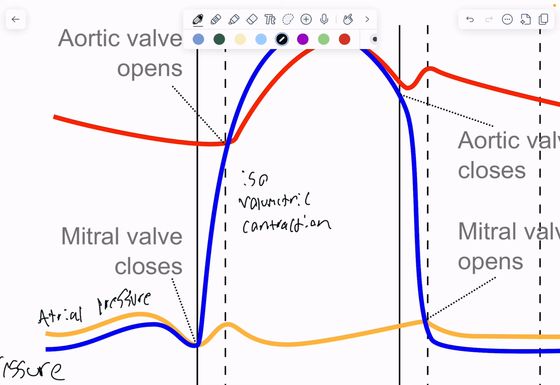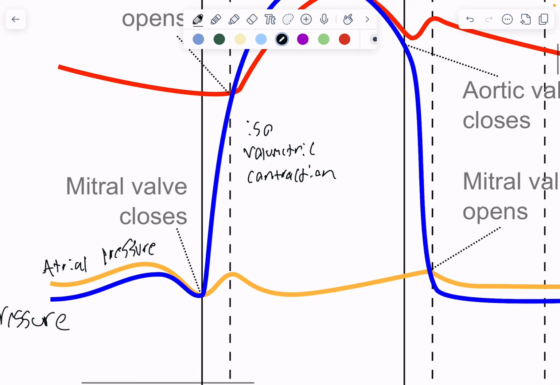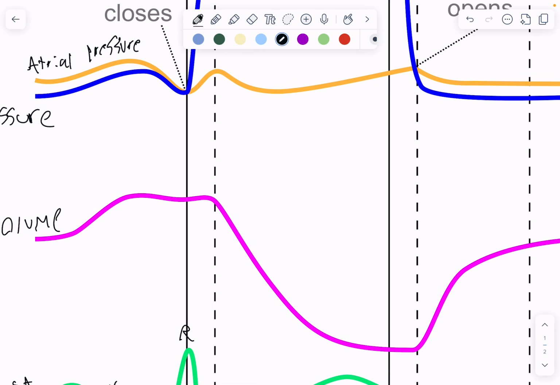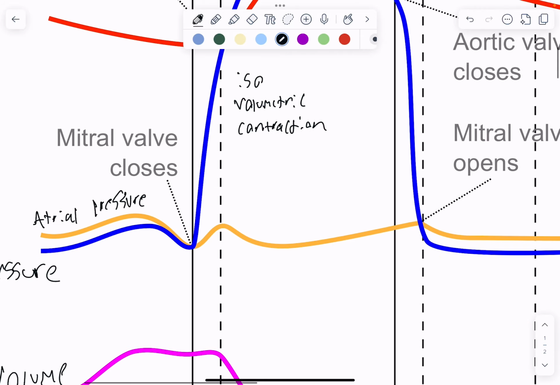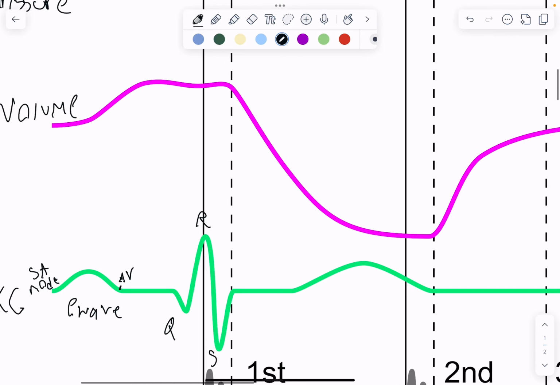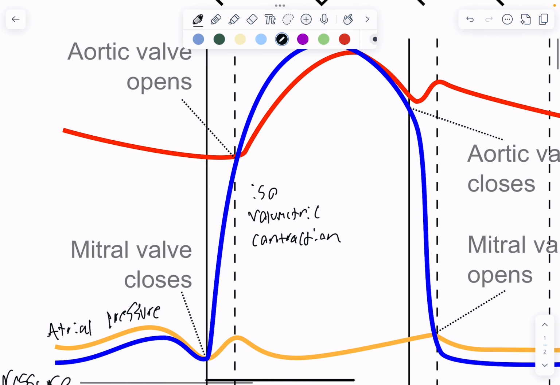So basically, the ventricles are contracting, but no valves are open, so the blood's still in the ventricles. That's why it's called isovolumetric, because no blood is leaving. We can see that in the volume as well. There's no change in volume, but we see a high increase in pressure. So that's how we're able to prove that the Purkinje fibers are firing.